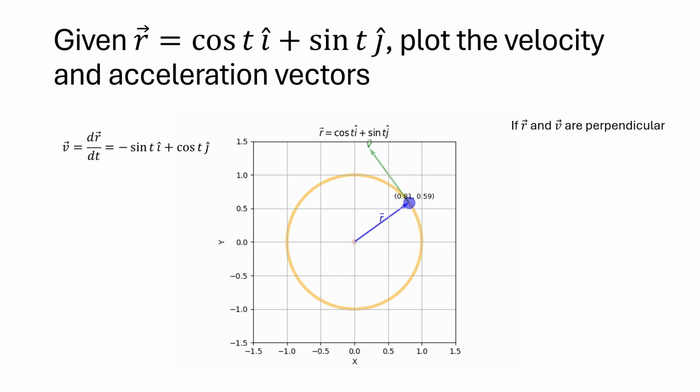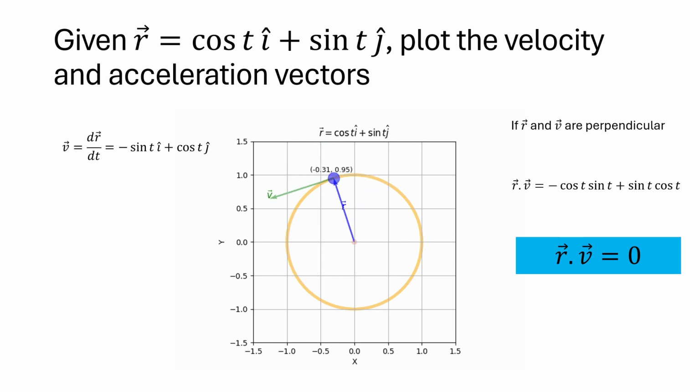The dot product is the sum of the element-wise product of these two vectors, and we can see the output in this case is equal to 0, which shows that both these vectors are perpendicular.